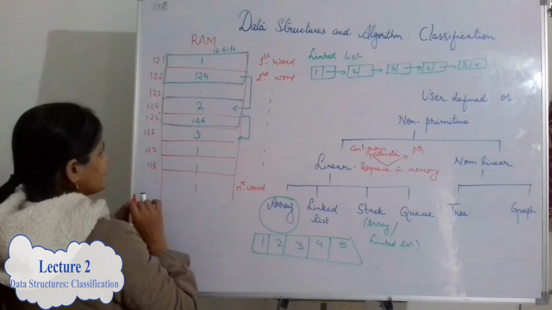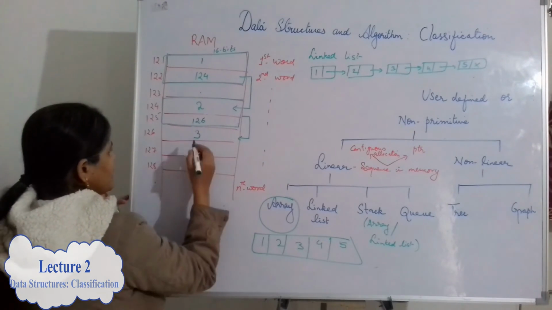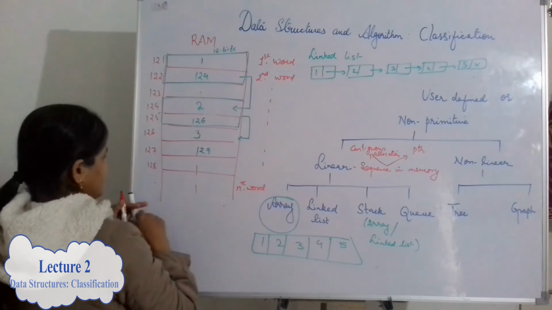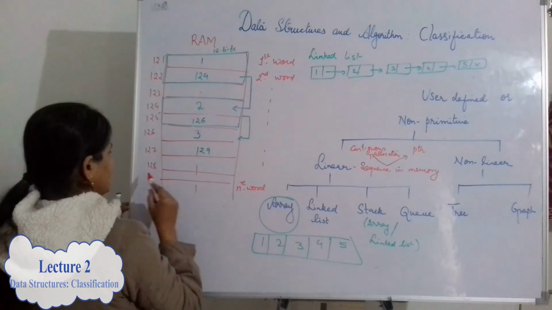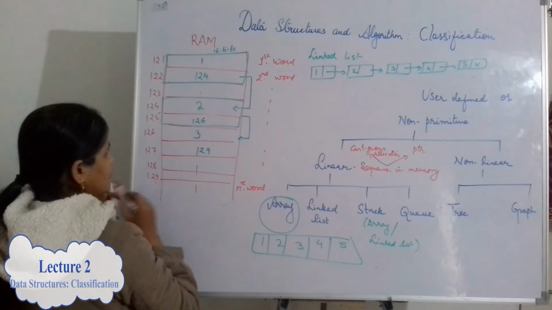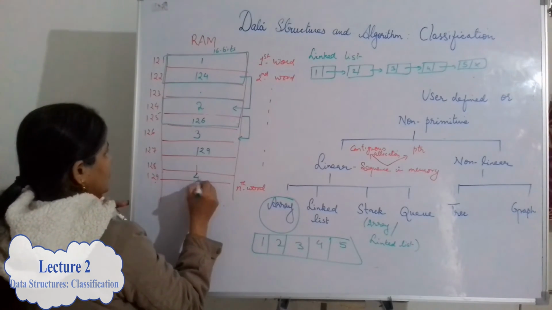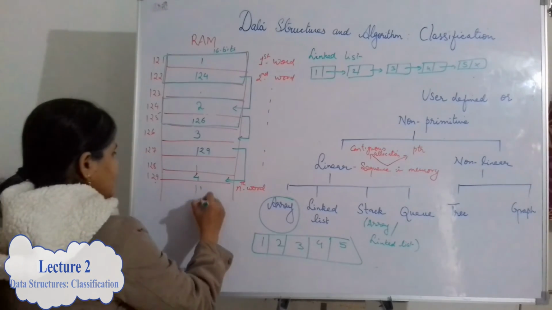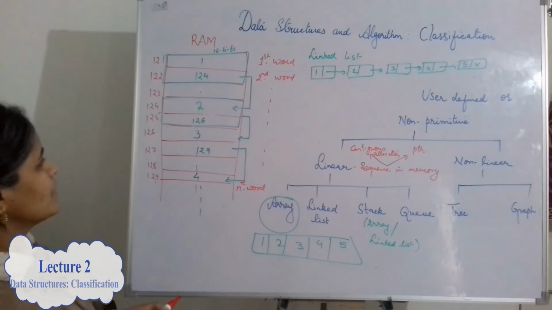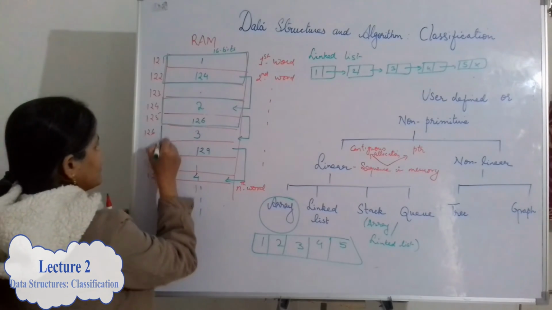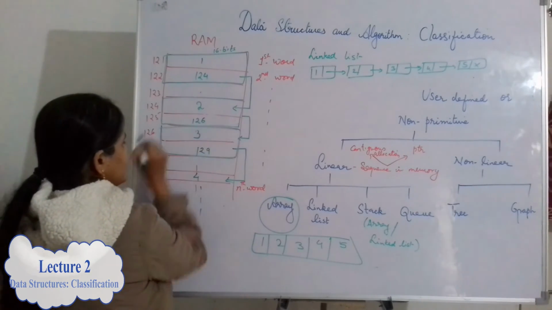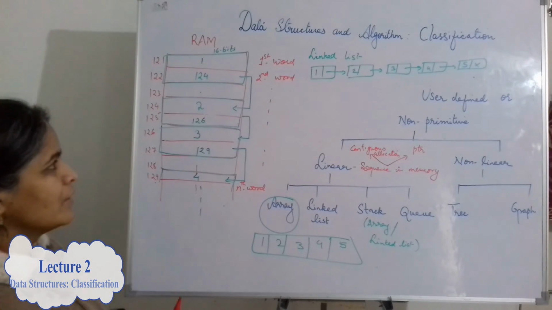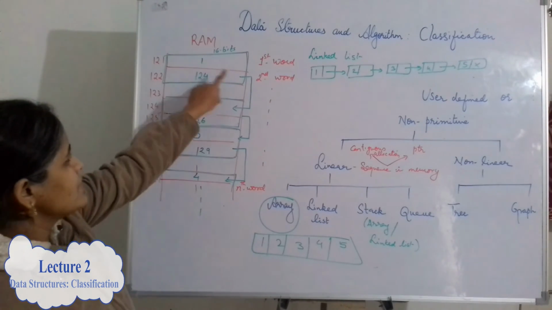Similarly, 3 will store the address of the next element, say it is 129. So it will point to the next element like this. This is a single node, this is another node. So the sequence is maintained.